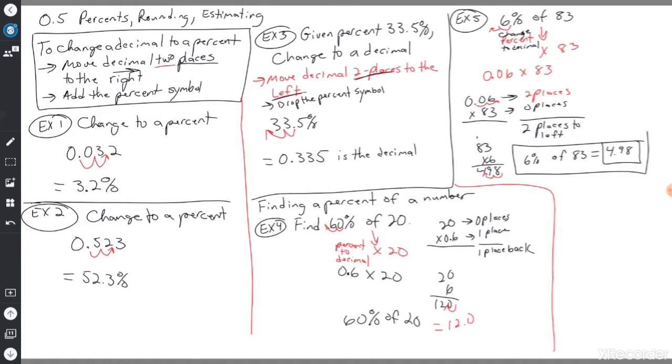So this way works again when we have the percent of the number. But if we're trying to find the percent, let's see here.